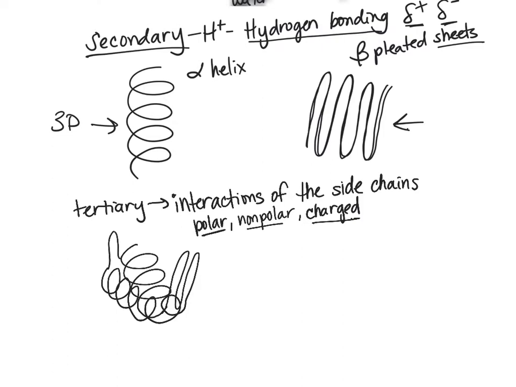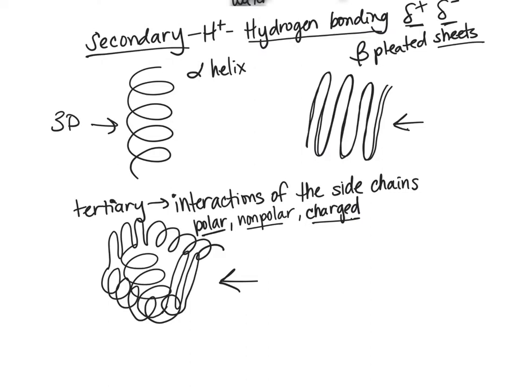Then let's say there's another beta pleated sheet, and then an alpha helix that goes over here. And let's say that's our entire protein. We have folding upon folding here. And so this would be what our protein would look like at our tertiary level of structure, where we have our alpha helices and our beta pleated sheets, and they're now folding together and with each other based on the interactions of the side chains. So at this point, our tertiary structure looks something like this.